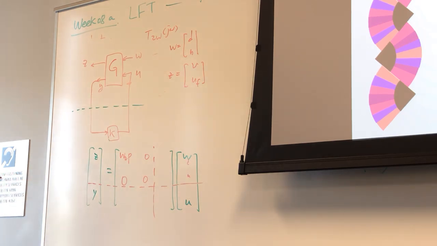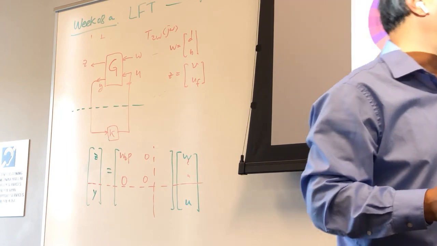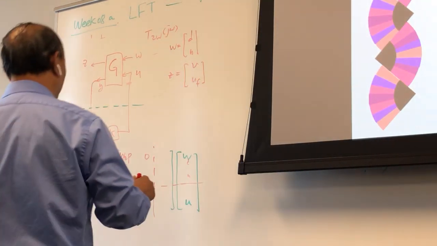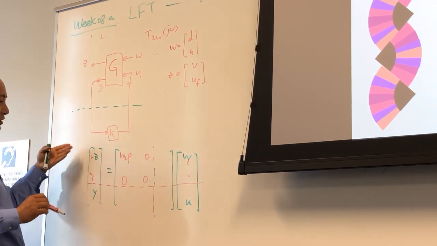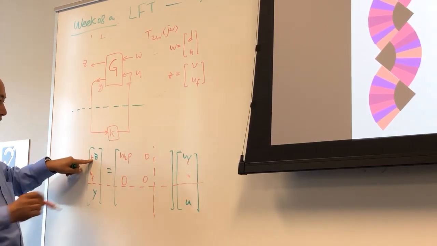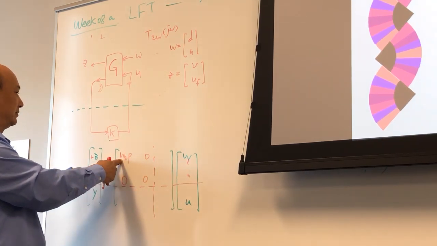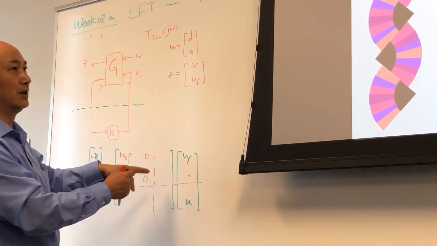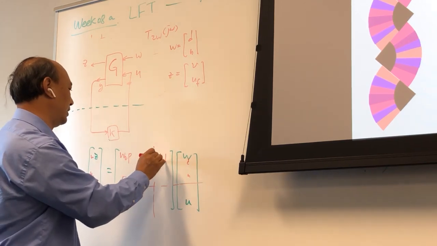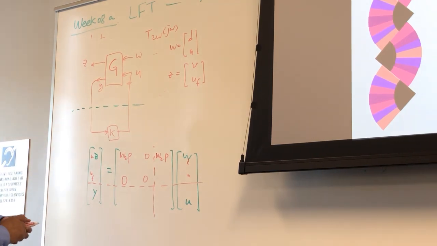You have something, D, P, W2 to V, right? Here we have V and UF. So V equals D, P, W2. This one should be W2P as well, with the N.